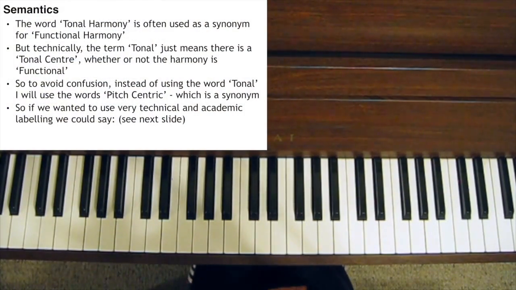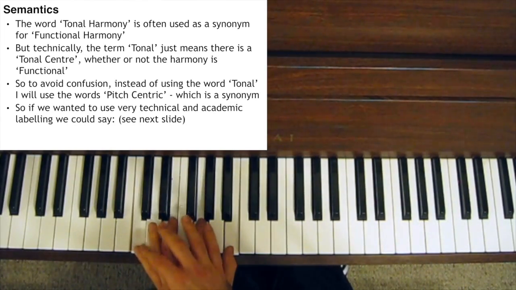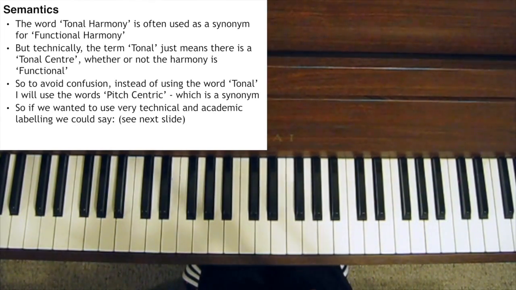Now, another name for tonal center is pitch centricity. And the reason that exists is to avoid using the word tonal when talking about some kind of key having a tonal center. Because generally when someone talks about tonal harmony, they really mean functional harmony.